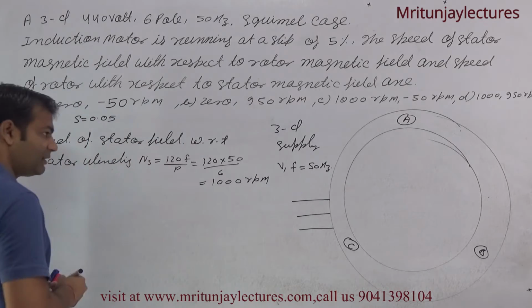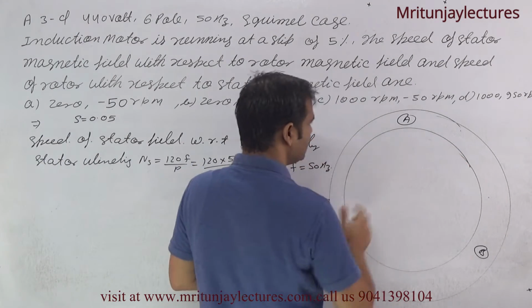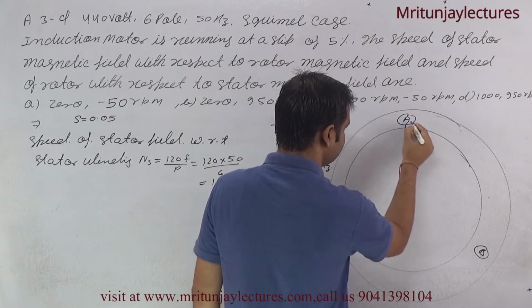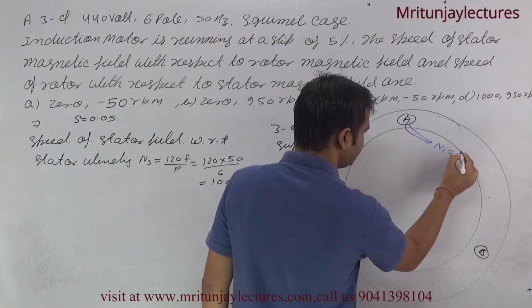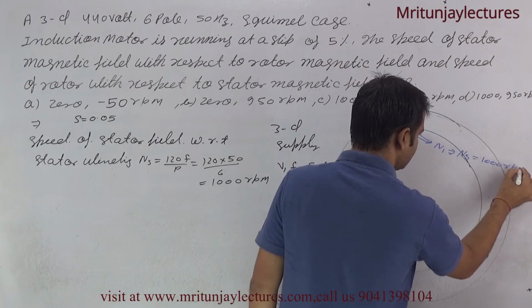It means the stator magnetic field with respect to the stator winding is represented as N1, equal to Ns, 1000 rpm. Clear?